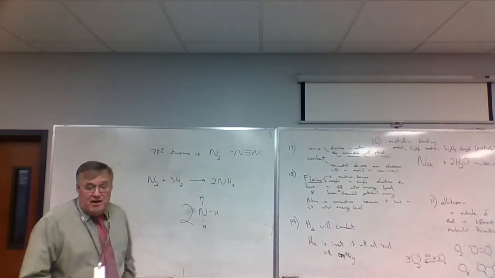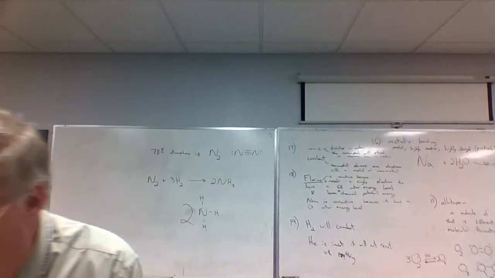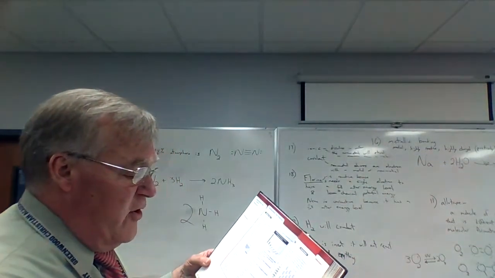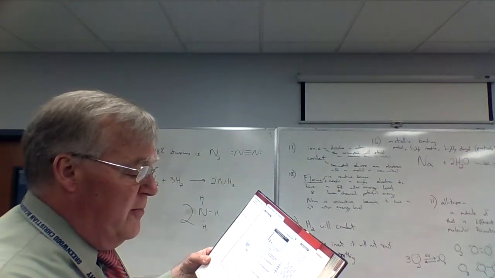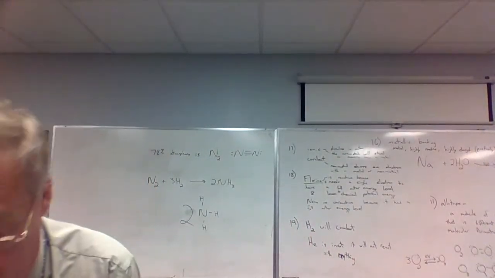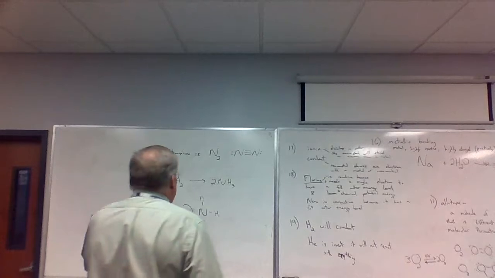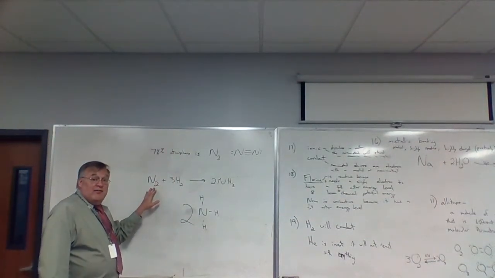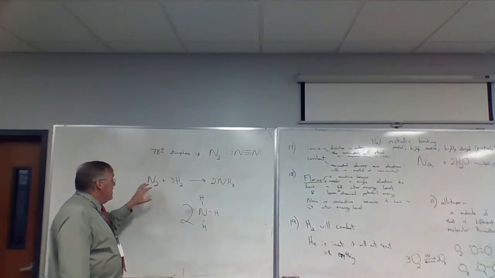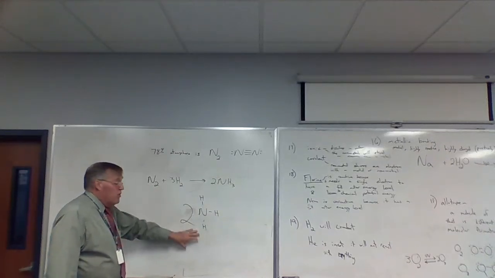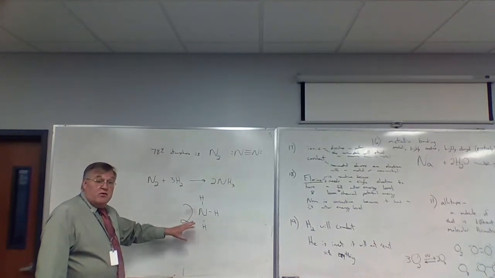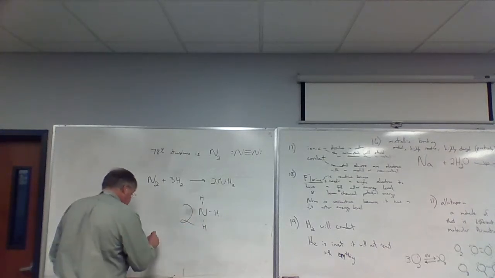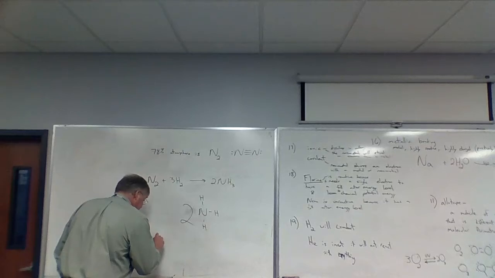So the answer to number 20 is: explain the importance of organisms that convert nitrogen from its diatomic form into other compounds. Okay, so we need living organisms to bring nitrogen back into the earth so that plants can grow. Let's write that down.